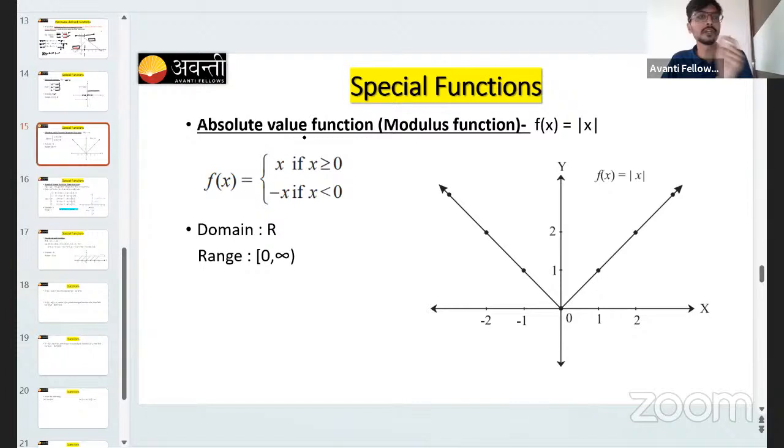Now, modulus is denoted by vertical lines.